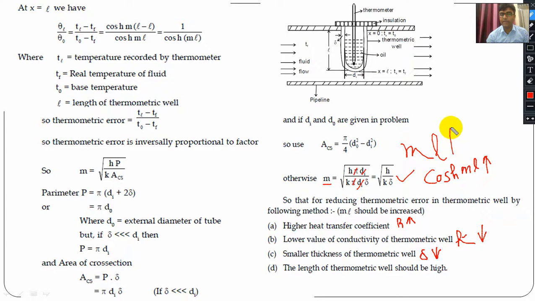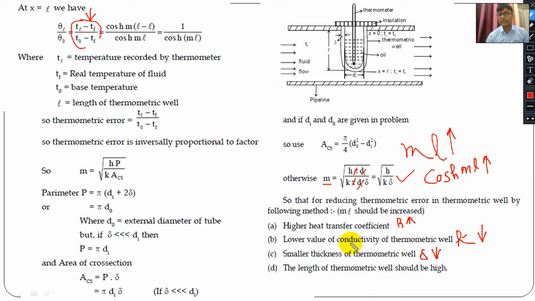Why? Because the ml value is high, so the cos hyperbolic ml value is high. So what happened? The thermometric error is low. Clear? So for this, the m value is high by considering a higher convective heat transfer coefficient of the flowing fluid.